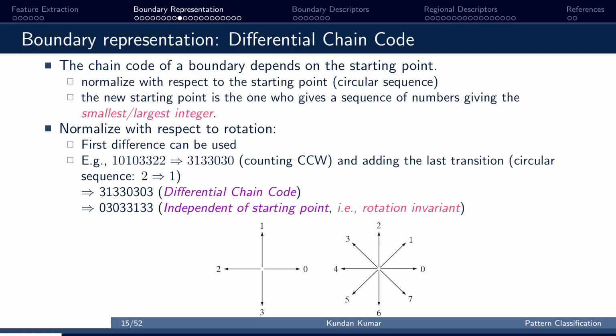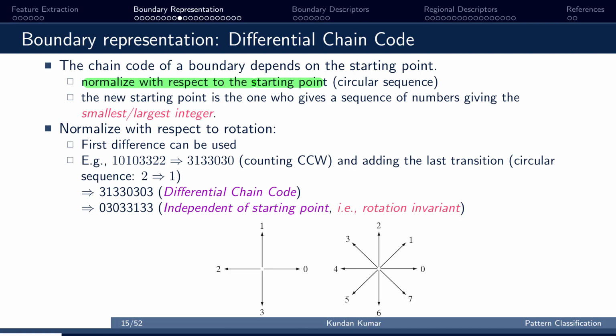So we have to make it rotation invariant, and for that we have to normalize with respect to the starting point. And how can we normalize it? If we consider the chain code in a circular manner, as a circular sequence, then it will be independent of the starting point.